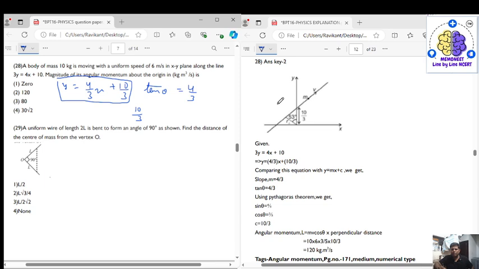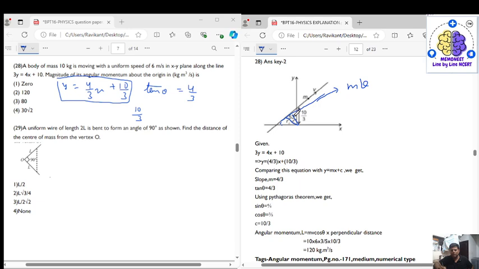If you look at this graph, this is the direction of linear momentum, mv, and R is this.